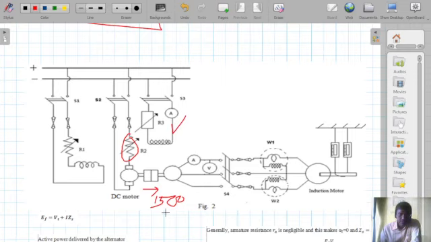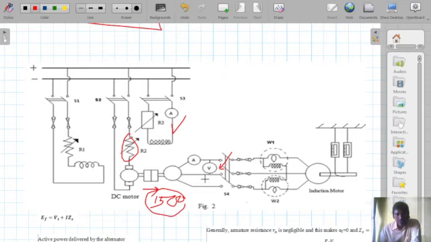So at the rated value 1500 rpm or 50 hertz, and at the rated voltage, this switch is made closed, so that the motor will take small active power and reactive power. And when it takes active power, the speed will drop, and when it takes reactive power, the voltage will drop.